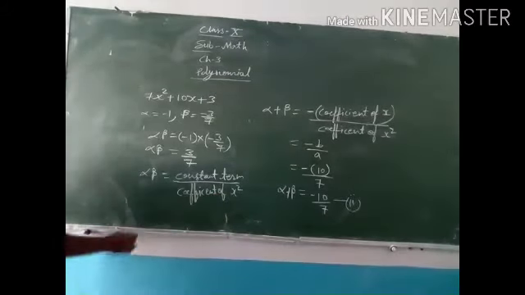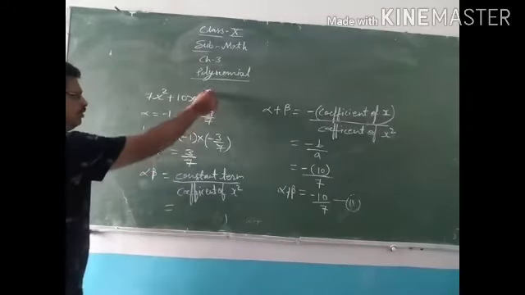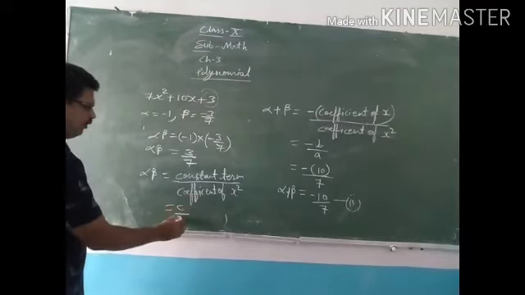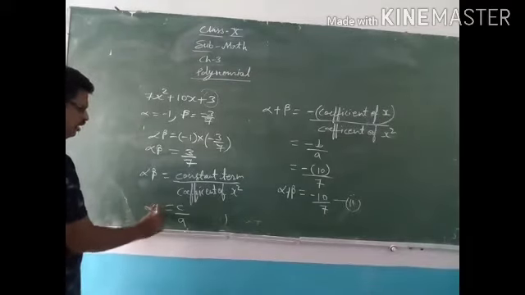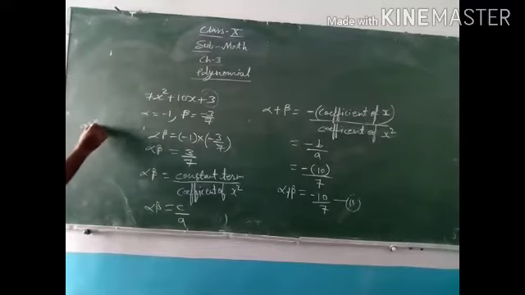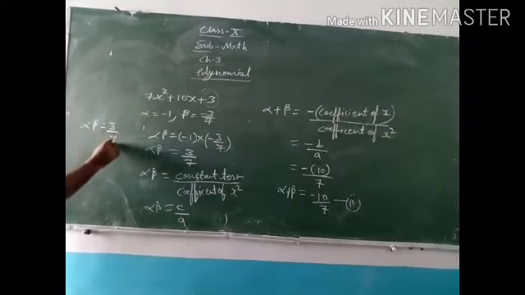Okay, so what is the constant term? Constant term is this 3. That means c upon coefficient of x square, which is a. So alpha into beta is equal to c upon a. C means 3 and a means 7.